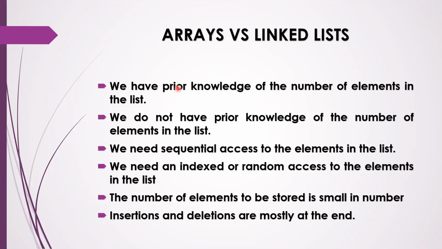So you have two scenarios: you already know the number of elements in the list, or you don't know it. In the two scenarios, you have different reasons to identify. First one is the allocation of memory in advance. This is very natural for the array.